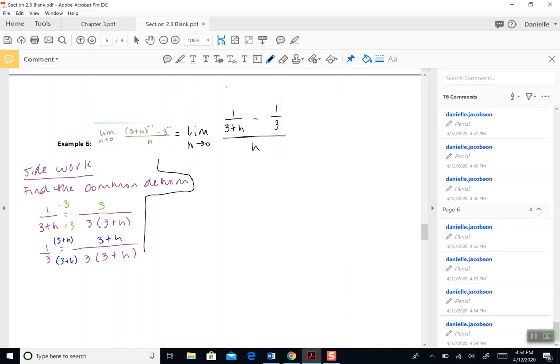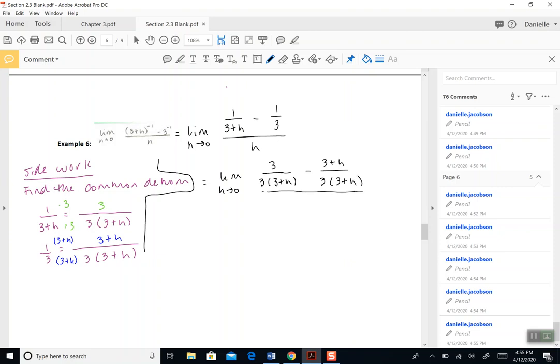And I don't like that there. It's okay. All right, this is equivalent to the limit as h goes to 0 of (3 over 3 times (3 plus h) minus (3 plus h) over 3 times (3 plus h)), all of that divided by h.